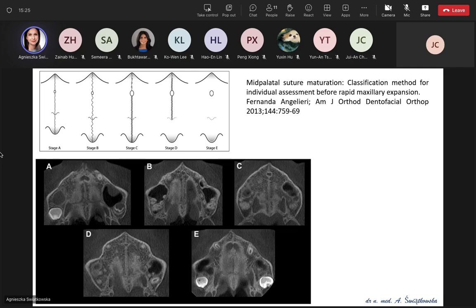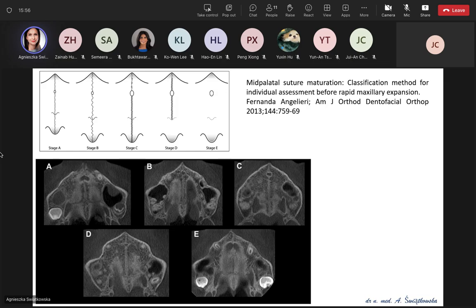So what usually the surgeon should do, it is cutting leopard 1, and of course the patient still wears the Hyrax. So in these two stages, the expansion is possible, but with help of the surgeon.